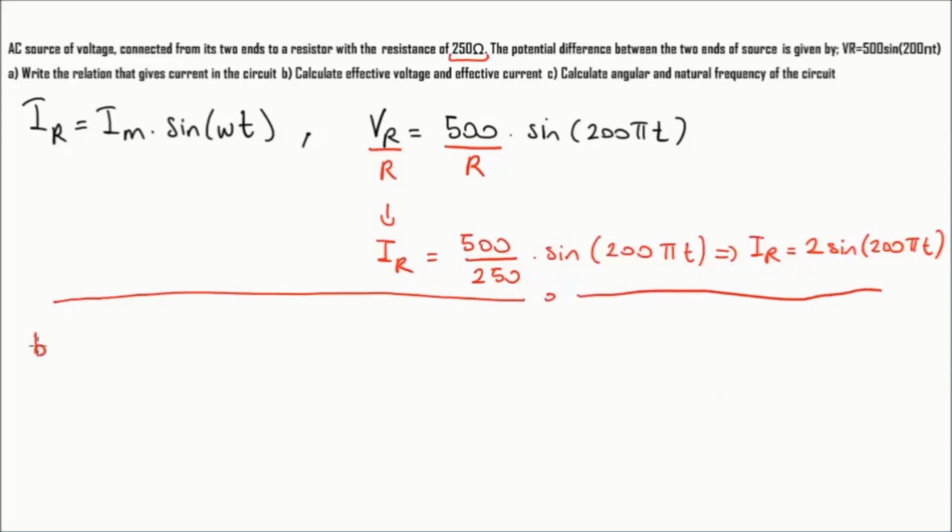This is the solution for the A. Now let's solve the B. B says calculate the effective current and the effective voltage.